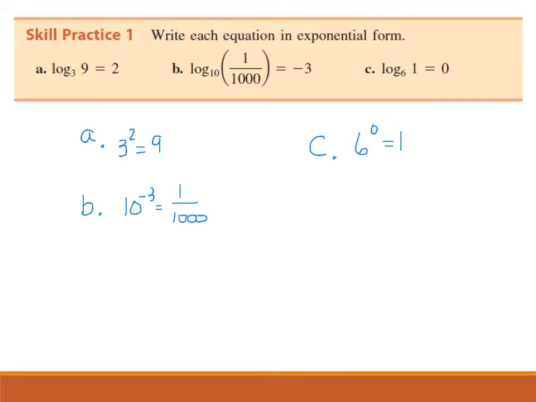So here are our answers. A is 3 raised to the second power is equal to 9. B is 10 raised to the -3 power is 1 over 1,000. And C is 6 raised to the 0 power is 1.